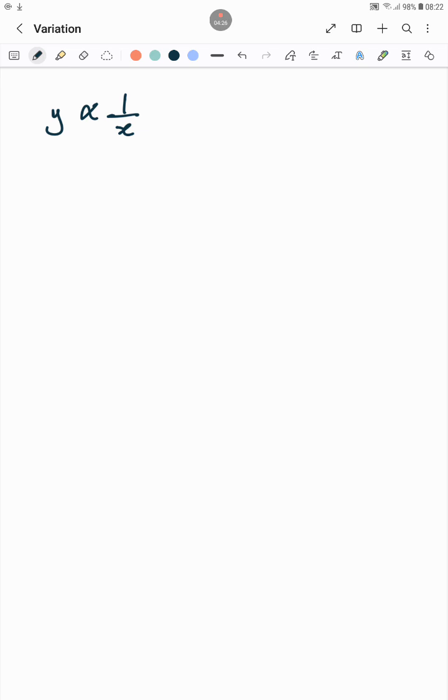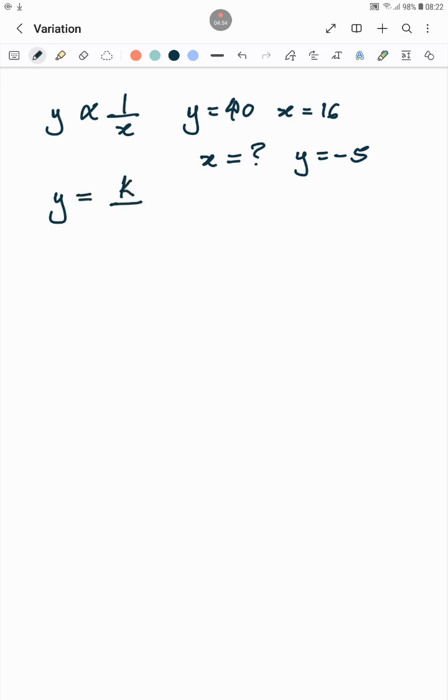If y is equal to 40 when x is equal to 16, find x when y is equal to -5. So here we're going to introduce a constant, and that k is going to be multiplied to this one, and you get k over x.